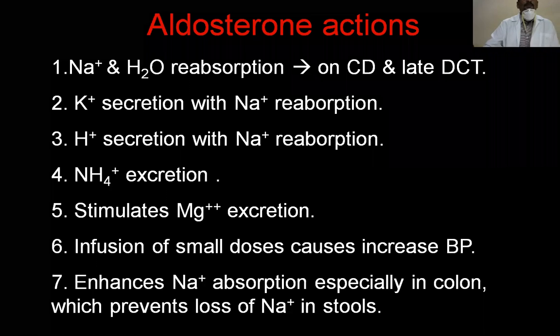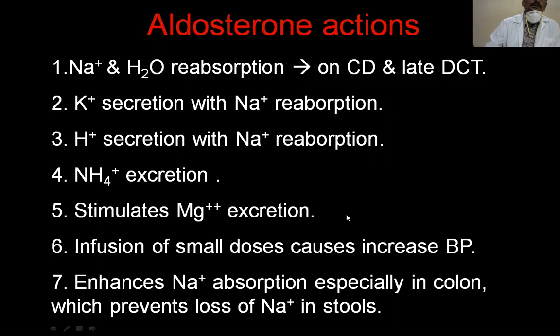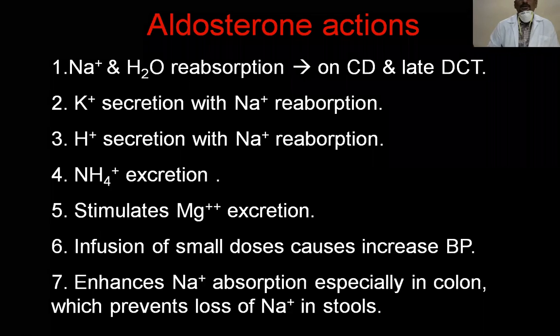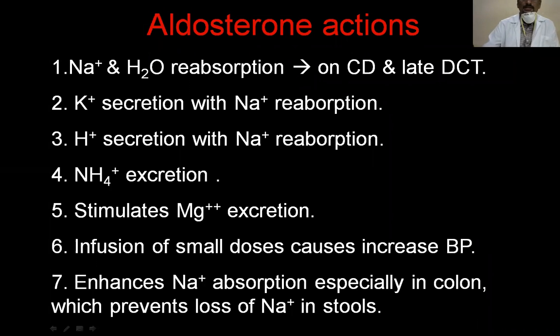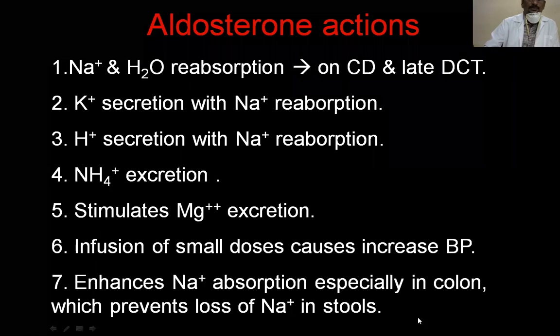Even infusion of a small dose of aldosterone will cause an increase in BP, because of the sodium and water retention, which leads to increased ECF volume and increased blood pressure. In addition to the renal tubules, it also causes sodium absorption, especially in the colon, which prevents the loss of sodium in the stools.